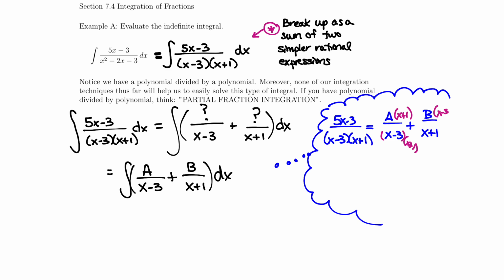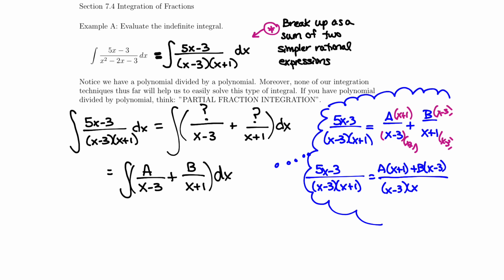The second fraction is going to get multiplied by x minus 3. So I have 5x minus 3 over x minus 3, x plus 1 equals, on top, A times x plus 1 plus B times x minus 3, all over x minus 3 times x plus 1. And I'm just going to stop there.